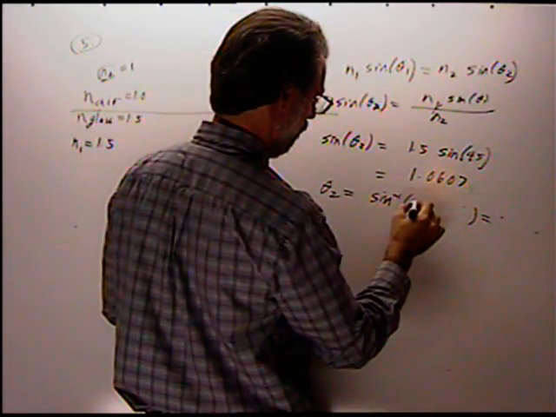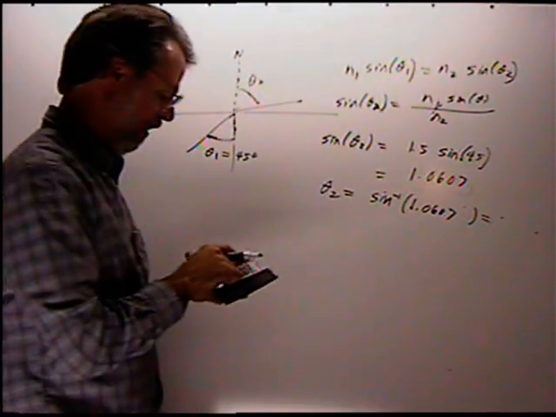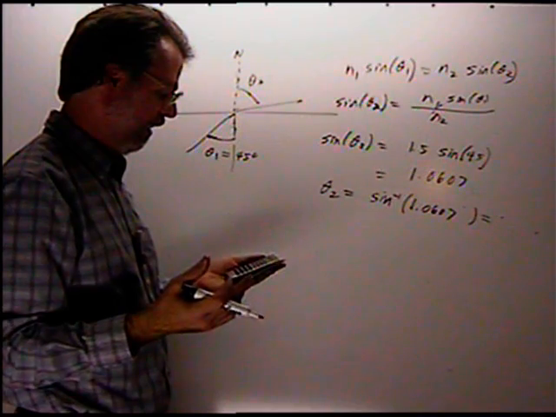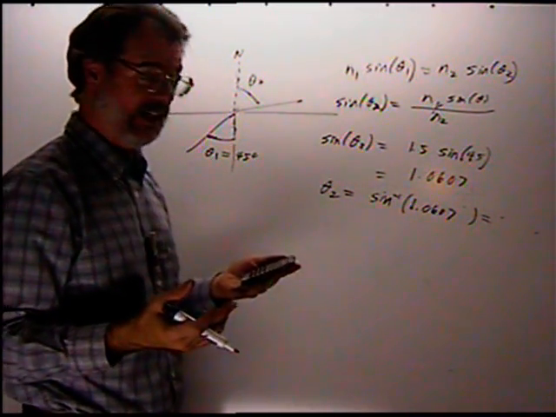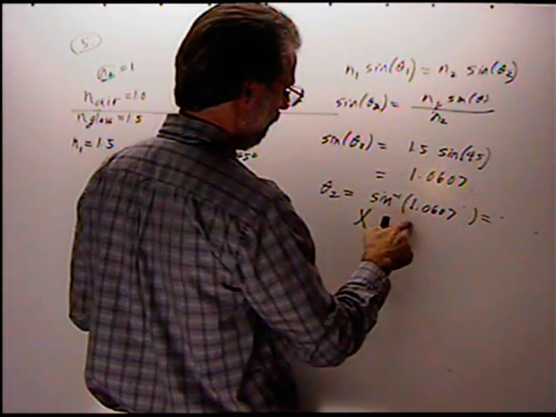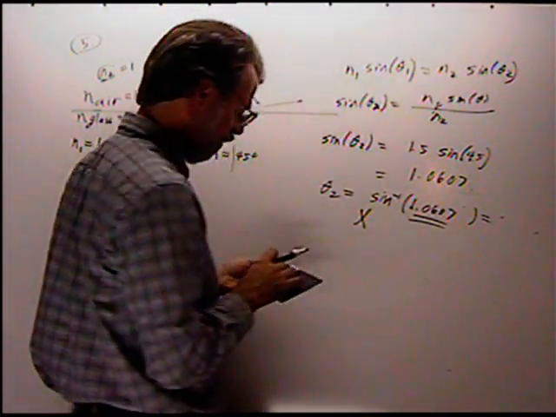So I do the inverse sine of 1.0607, and lo and behold, I get an error. I cannot take the inverse sine of something that's a little bit greater than 1.